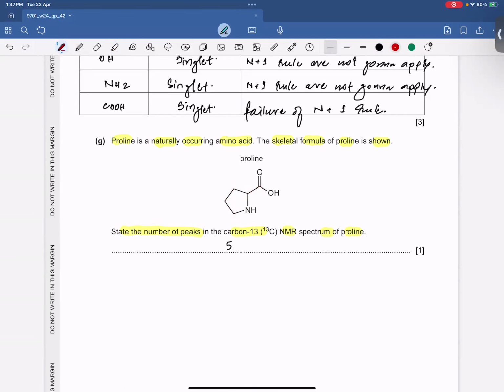So this one is first. This one is second. This one is third. This one is fourth. And this one is fifth. Okay. You can also do it this way: 1, 2, 3, 4 and this one is 5. You can give it in this order too, but there will be 5 peaks.